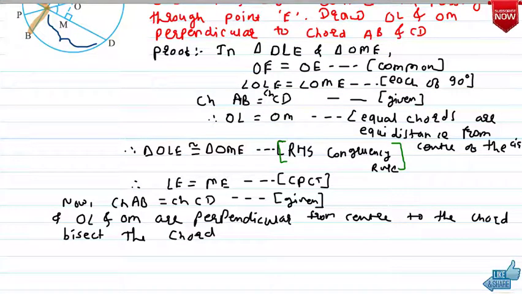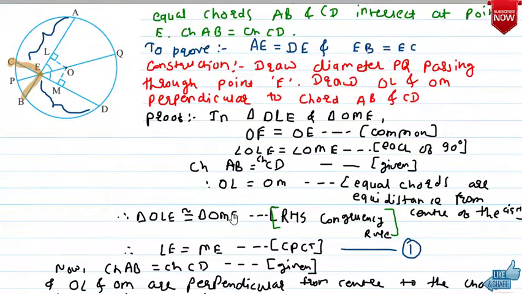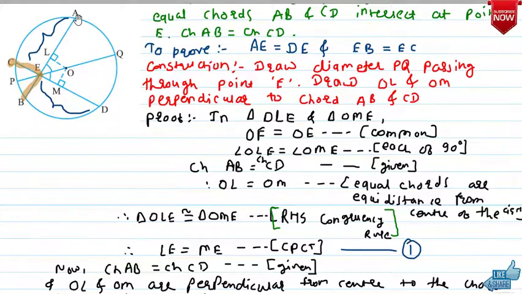Now see carefully, I give this CPCT equation number 1. If these perpendiculars bisect the chord, it means OL and OM perpendicular bisect the chords AB and CD, so this half AL is also equal to MD, correct?